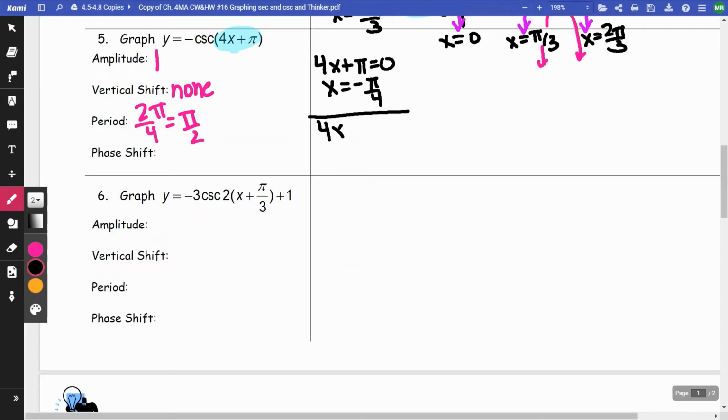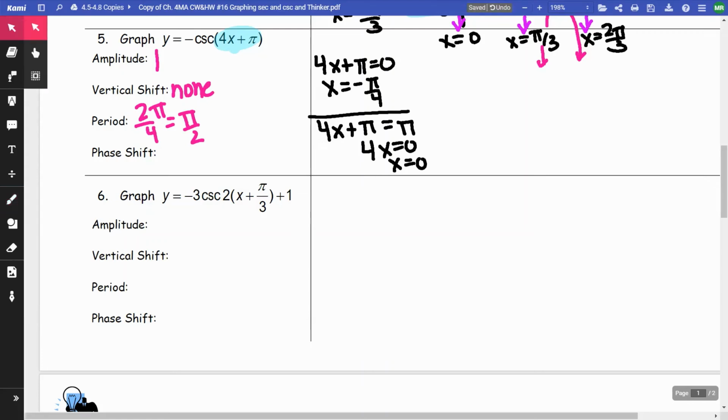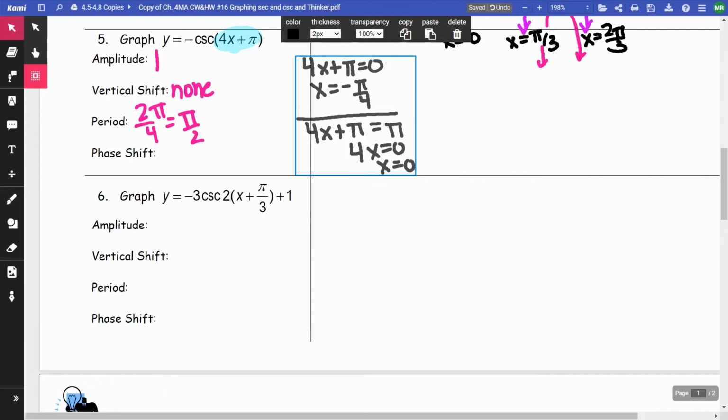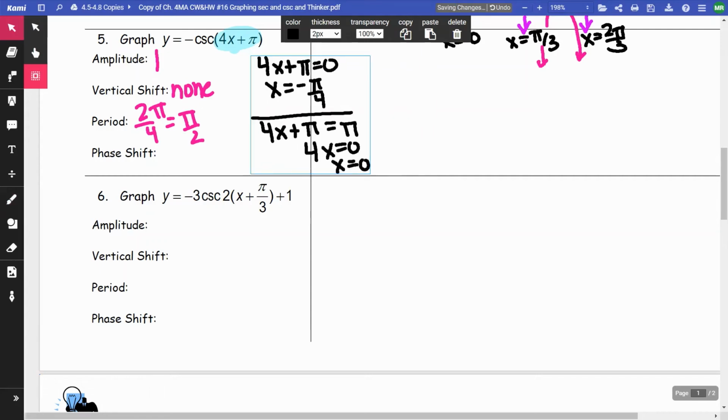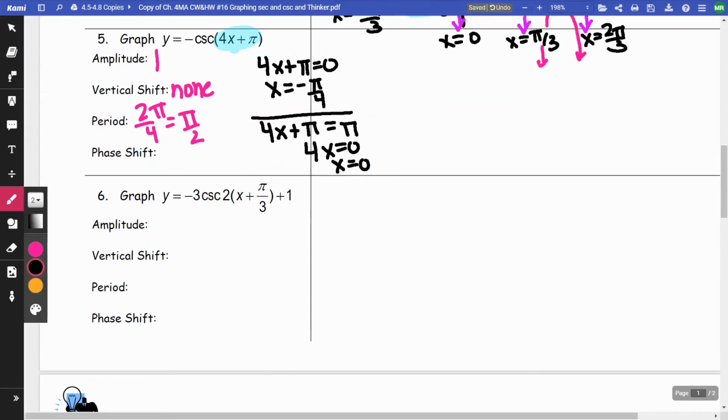If I take that and set it equal to pi, I'm going to get 4x is equal to 0, so x is equal to 0. And if I do a third one, 4x plus pi is equal to 2 pi.